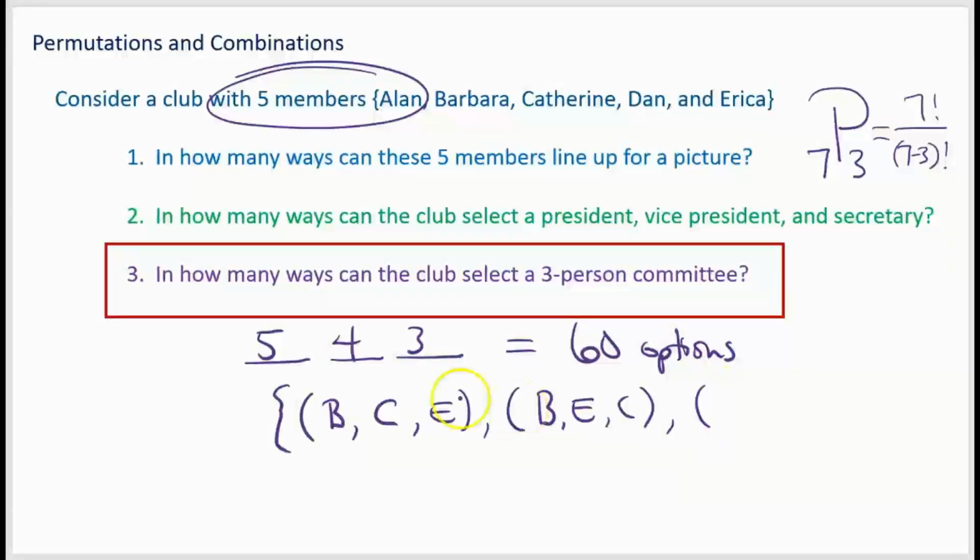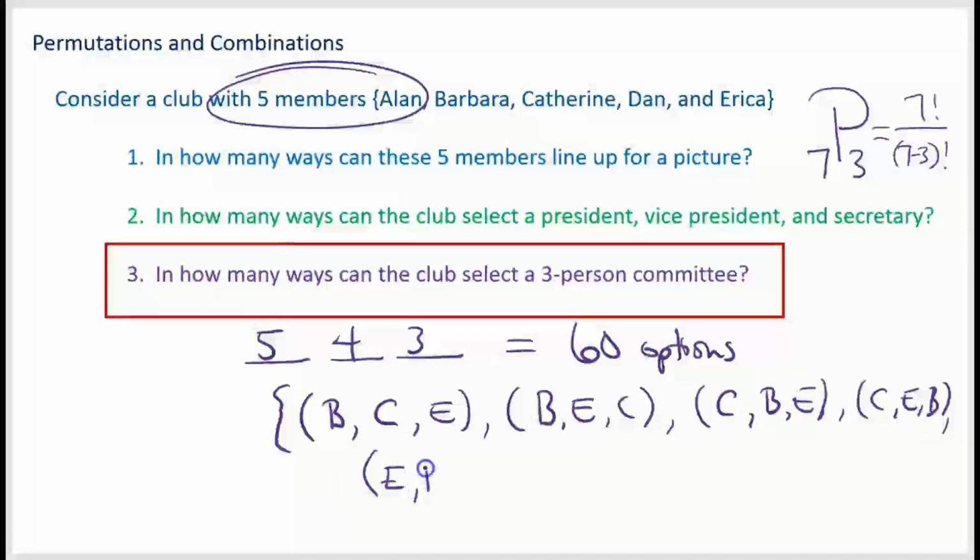I can't think of any other way that Barbara could lead the crowd. We did every option there. Now let's let Catherine lead the crowd: C, B, E, and then C, E, B. And then Erica could lead the crowd: E, B, C, and E, C, B.